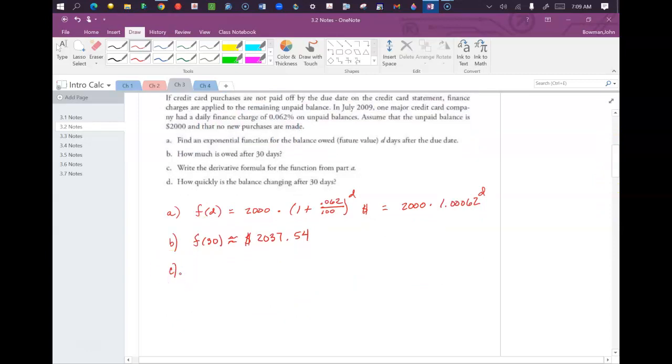In Part C, it says write the derivative formula for the function in Part A. So now we start putting together multiple rules. The constant 2,000 can come out.